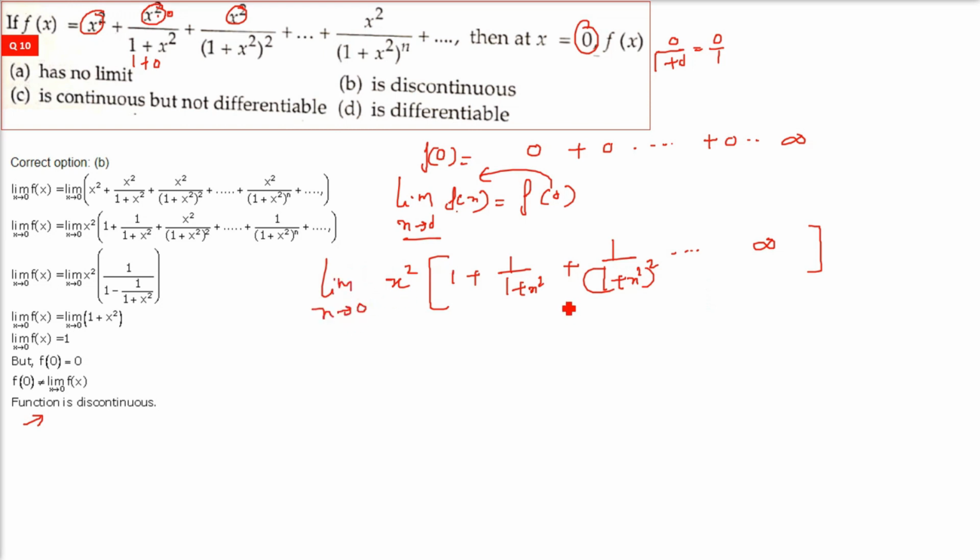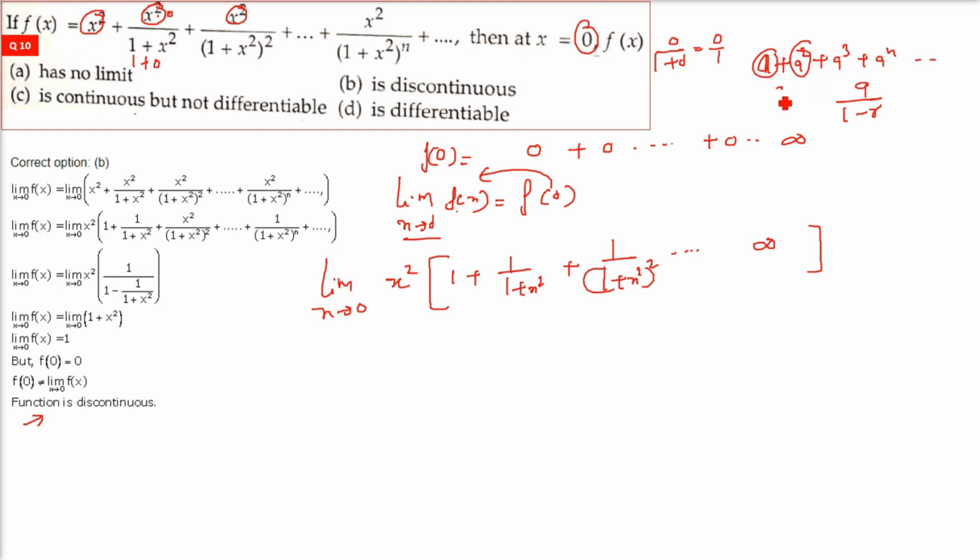You know that when you have a series like this, for example a plus a square plus a cube, the sum of the infinite series is a upon 1 minus r, where r is the common ratio.